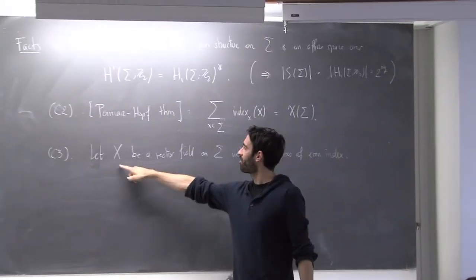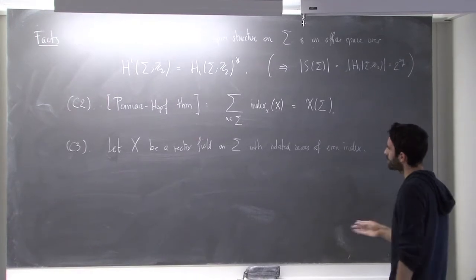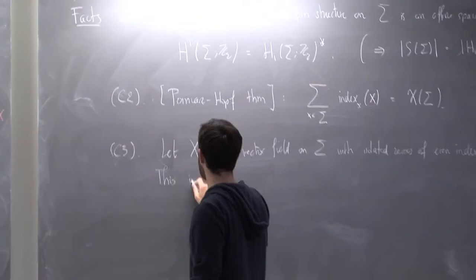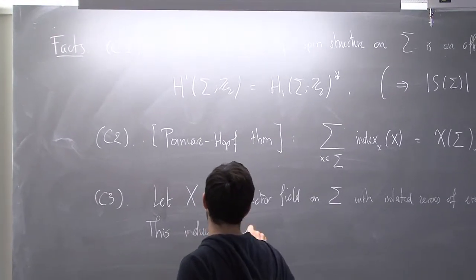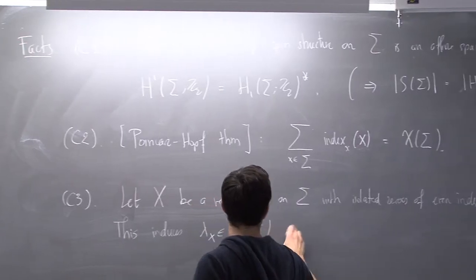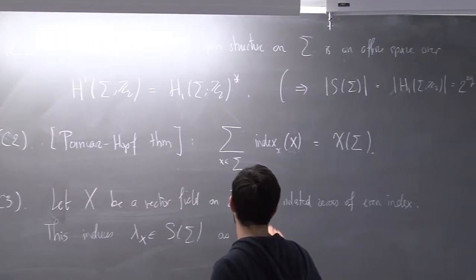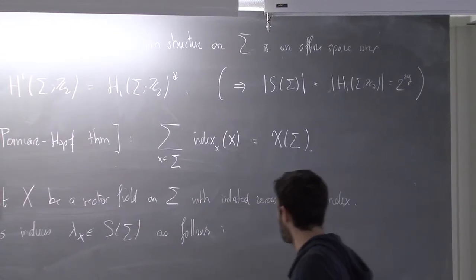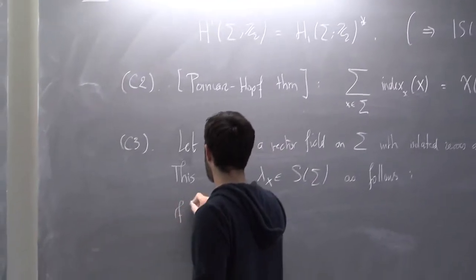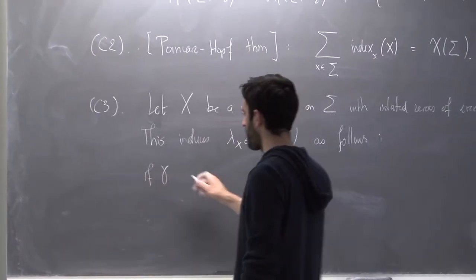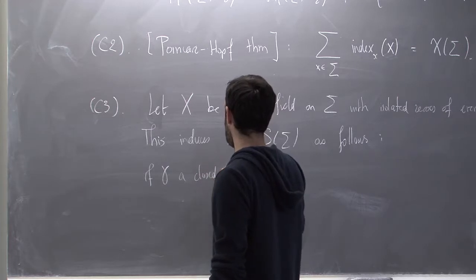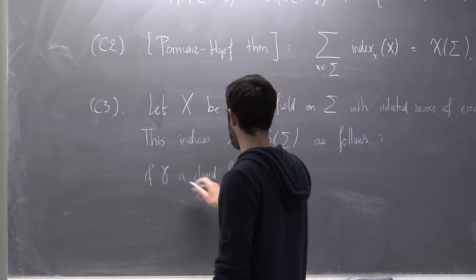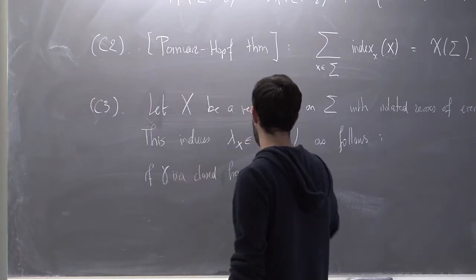Anyway, you can have a vector field with isolated zeros of even index, and this induces a spin structure, lambda x, as follows. So remember, we fix gamma a closed framed curve.